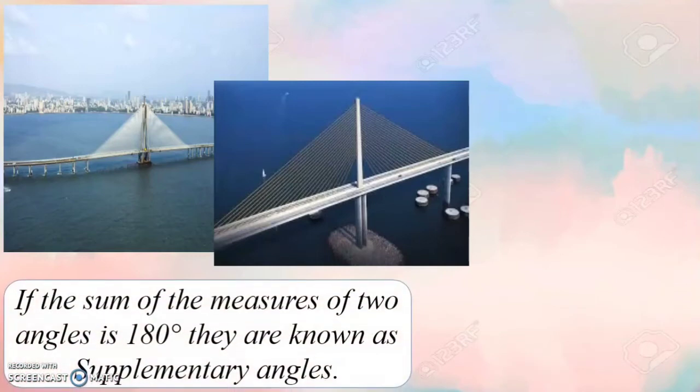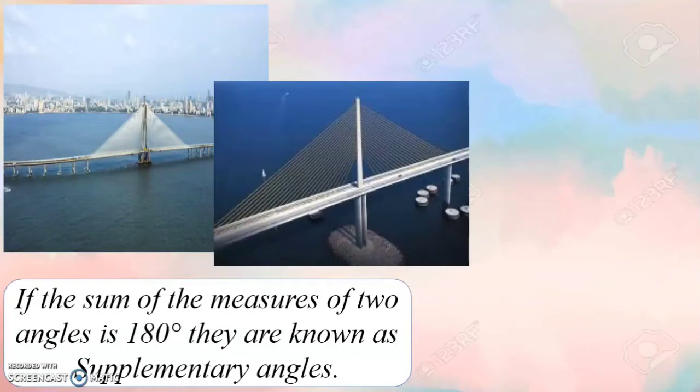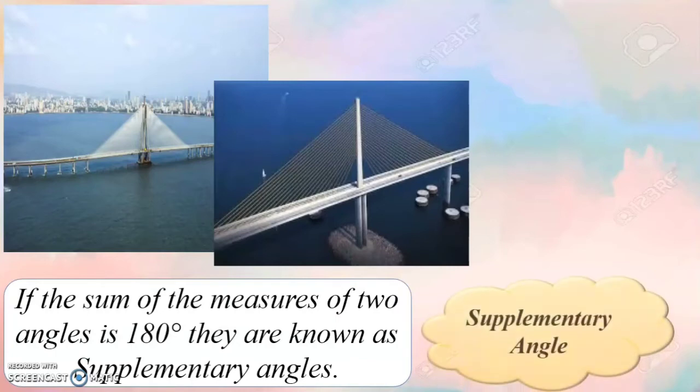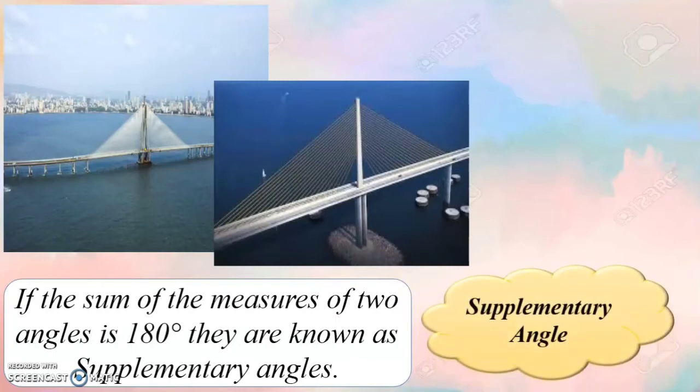So, if the sum of the measures of two angles is 180 degrees, they are known as supplementary angles. That is, when you add two angles and you get 180 degrees, then those angles are called supplementary angles.